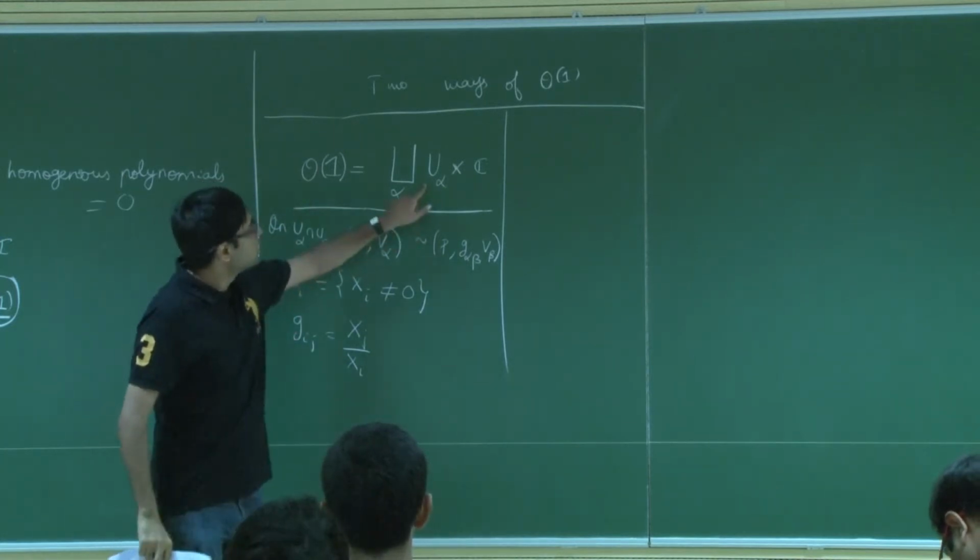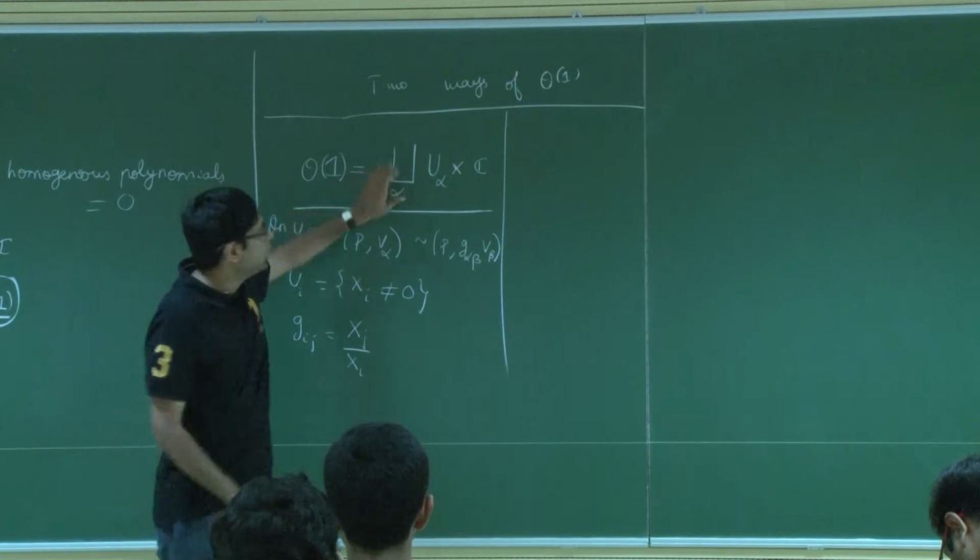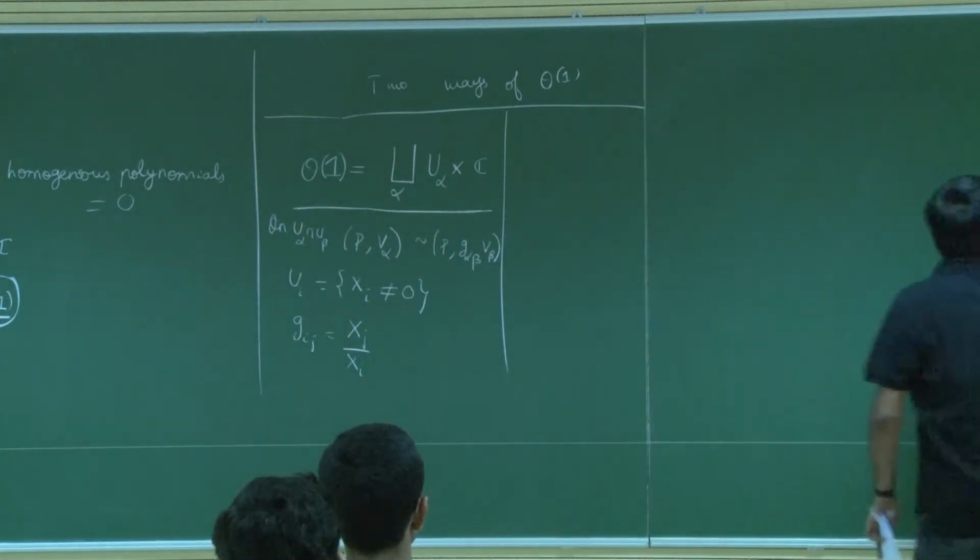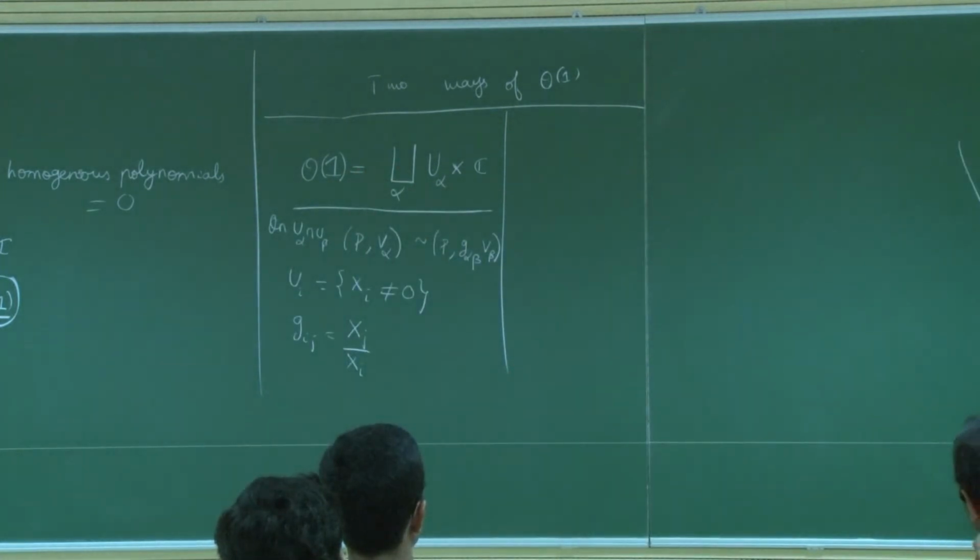What this means is, you're taking a disjoint union, meaning you're taking a collection of U_alpha cross C's, a disjoint collection. Ideally, actually, suppose this is CP^N, they all intersect. Let's say this is, it's not like this, the picture is different, but let's pretend, say it's U1, U2 and U3.